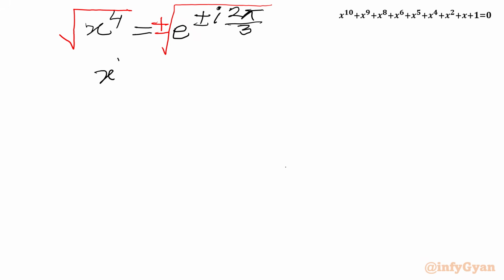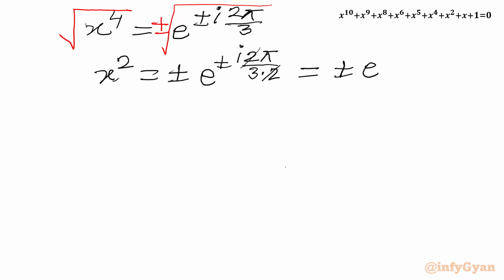So we will write x square equal to plus minus e raised to the power plus minus i times 2 pi over 3, and in the denominator we will write times 2. Now 2 and 2 will cancel from numerator and denominator. We will write plus minus e power plus minus i times pi over 3.